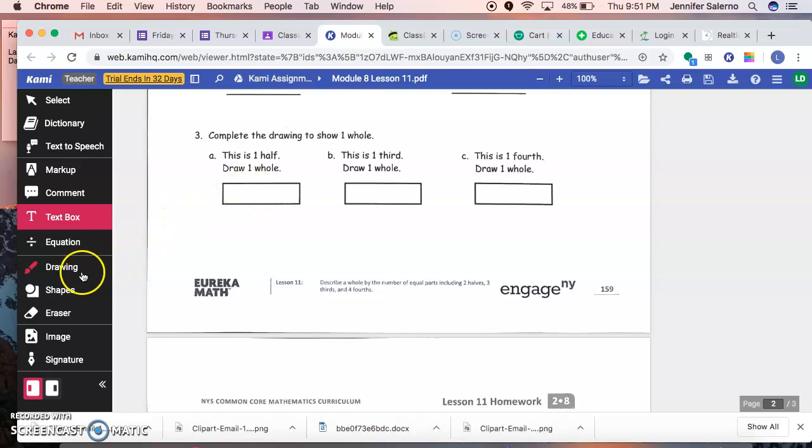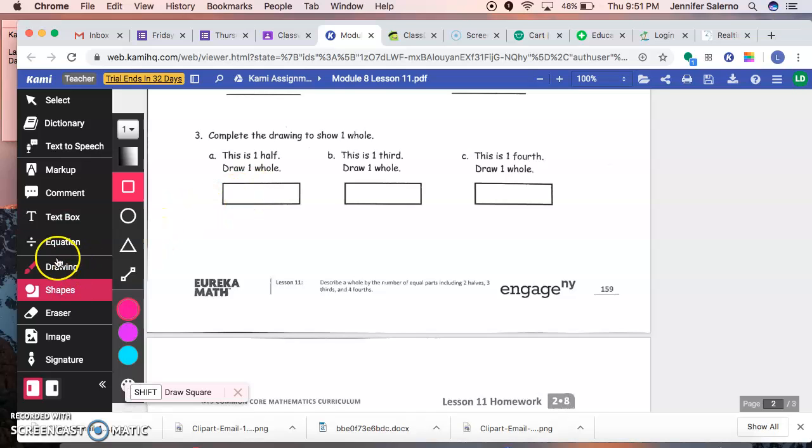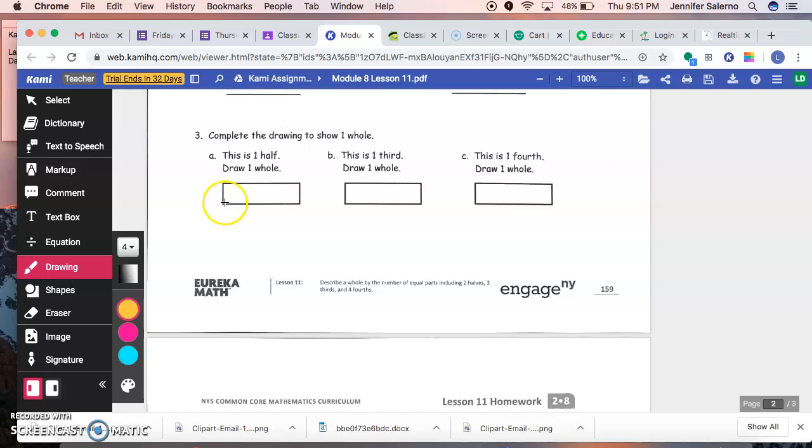So all I would have to do here is just draw the other part. So all I'm going to do is just draw the second part, and that's it. So now I have a whole because this was a half, this is a half, now I have a whole, okay?